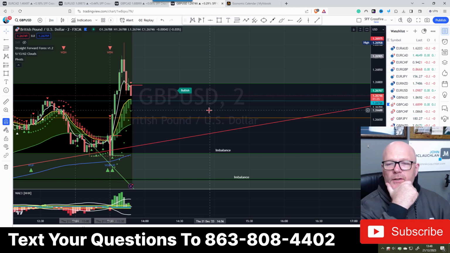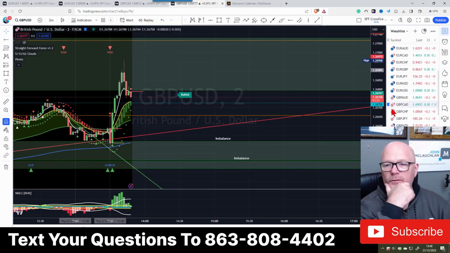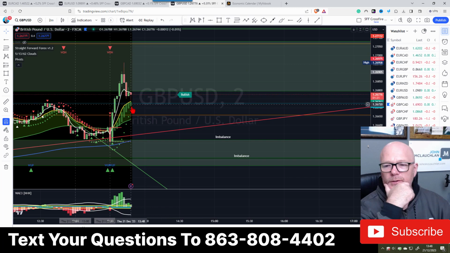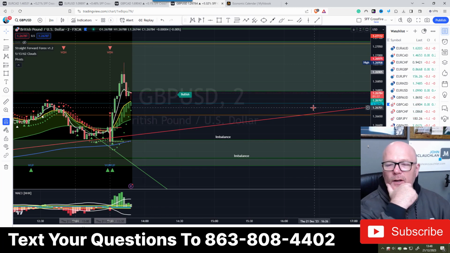And again, with this strategy, if we're going to consider a sell, we want the price to come down to below the trend line, okay, and sell off.